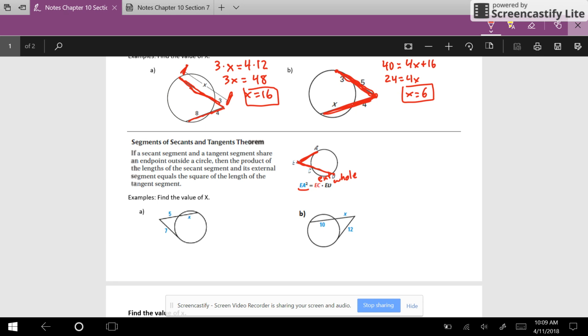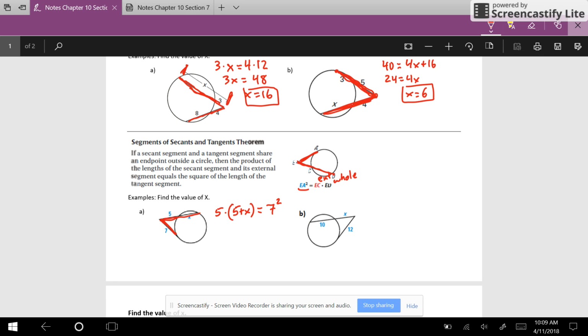They get multiplied together. So as I look at example A, the external part on the top secant is 5 times the whole thing. Well, here I have to add the two pieces together, 5 plus x. On the tangent, there's a tangent over here. The external part is 7. The whole thing is also 7, so I have 7 times 7, or just 7 squared.